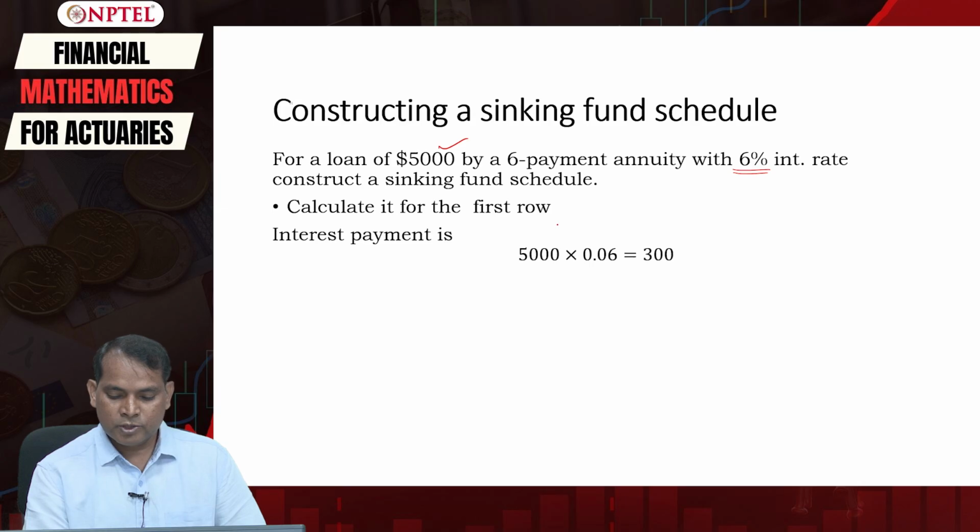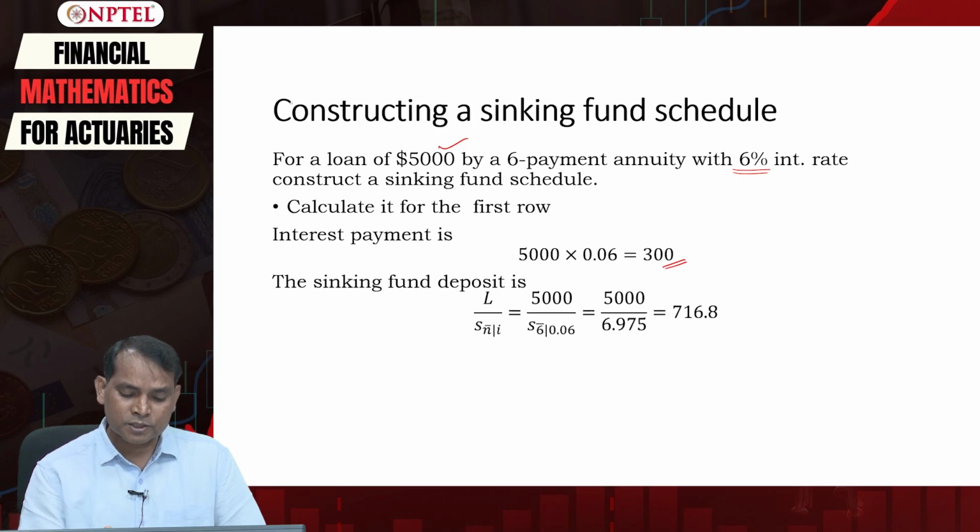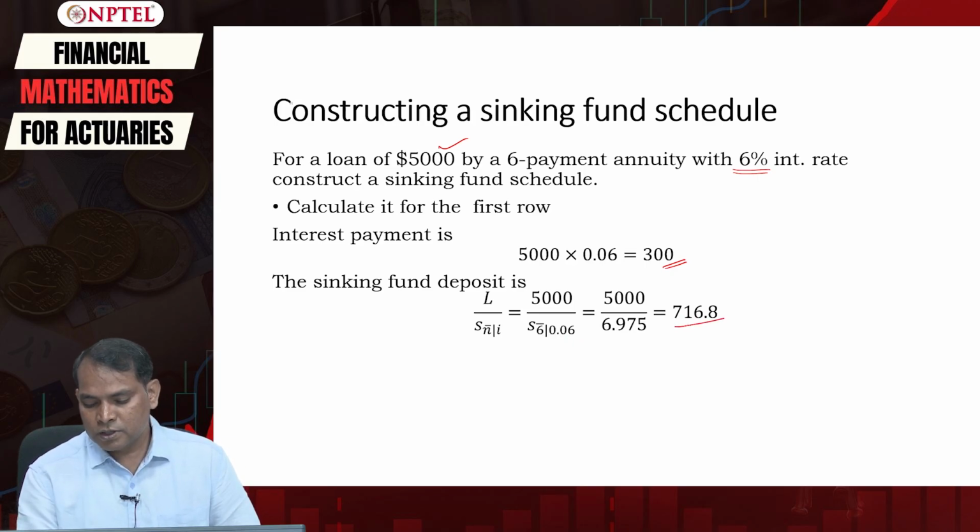The interest payment will be 5,000 multiplied by the 6% interest rate, which amounts to $300, and the sinking fund deposit is L divided by S angle N at I. So, 5,000 divided by S angle 6 at 6% interest rate, which will be equal to 716.8.